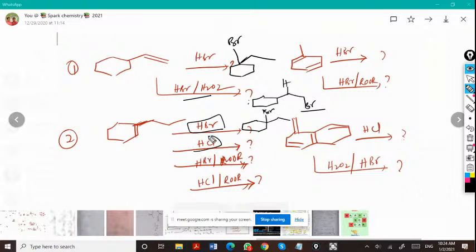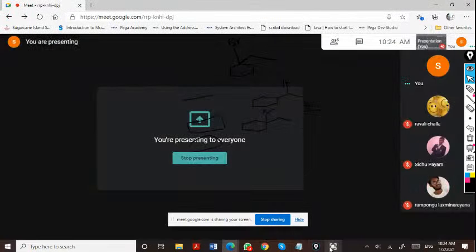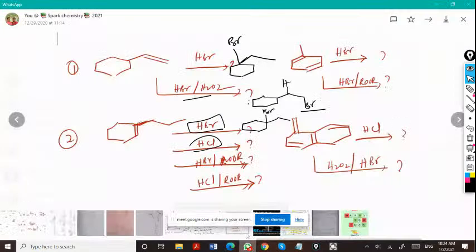If it is HCl also, a similar reaction is going to happen, so HCl addition will happen, similar to the bromine addition in the final product. Okay. So when it is HBr in the presence of peroxide, it will follow the free radical addition reaction. So at the less substituted site and without rearrangement it's going to happen.